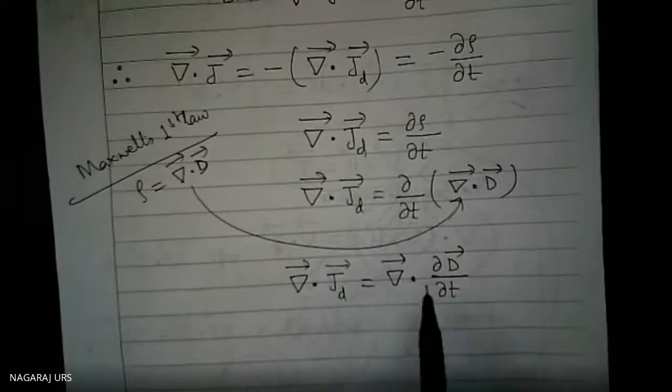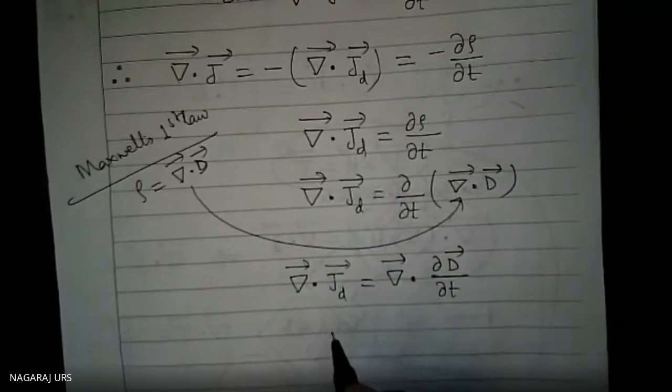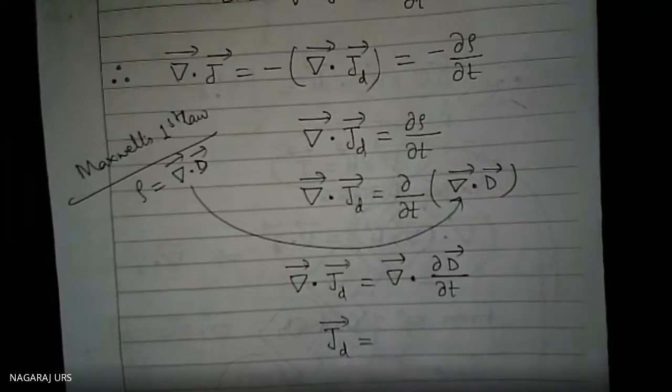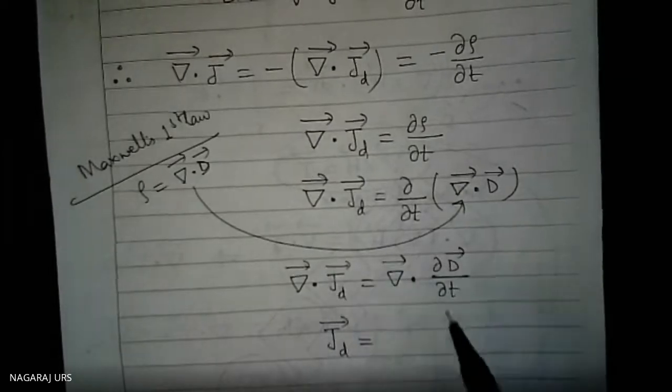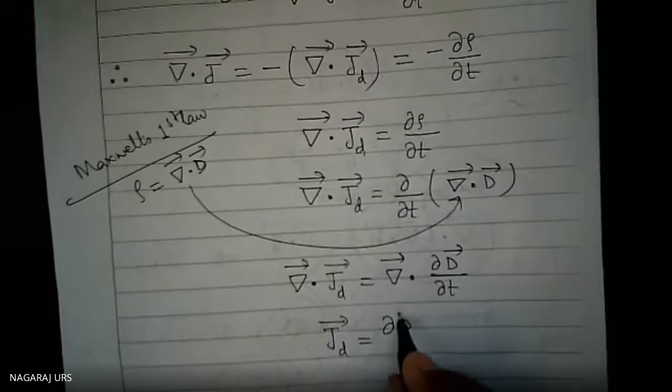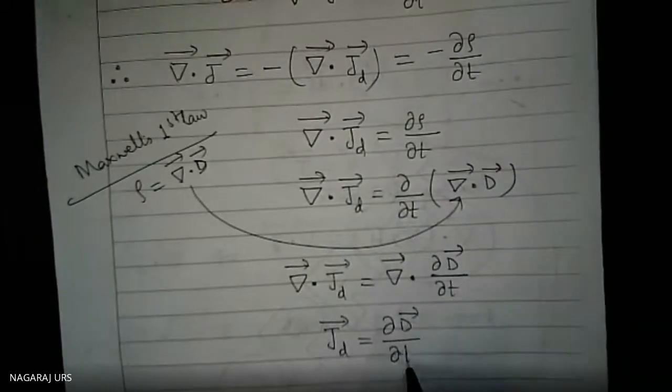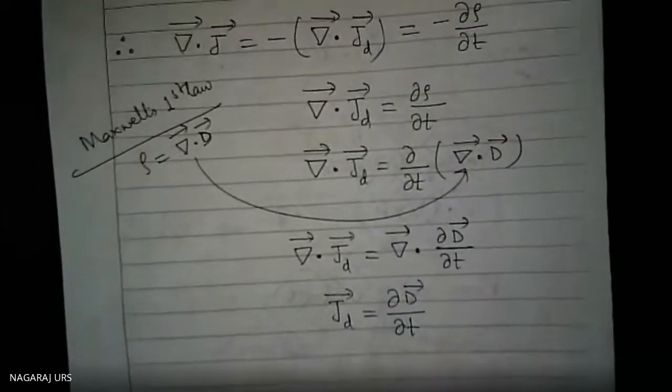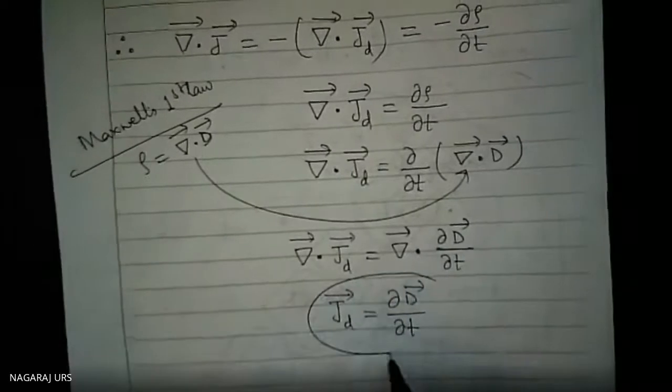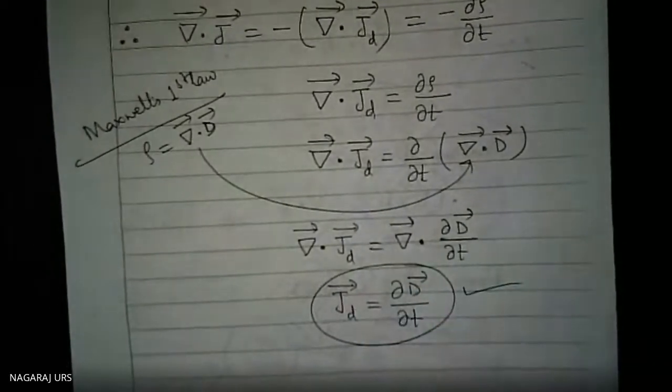On both sides we can equate, and we can write Jd is equal to del D divided by del t. This is the value of Jd, don't forget. It means displacement current density, it has been written.